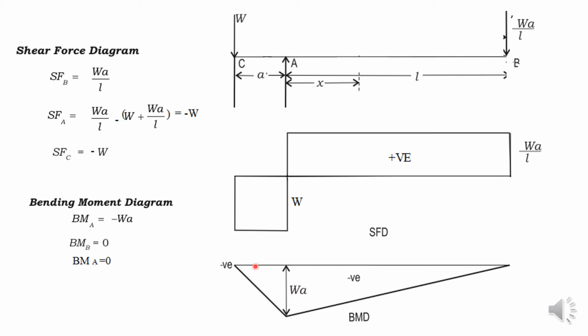How will you calculate the bending moment at C? It is WA by L into (A plus L), clockwise, that is minus, plus RA into A, and that will be 0. That means the bending moment at C will be 0. So now you have the bending moment diagram for this particular question.